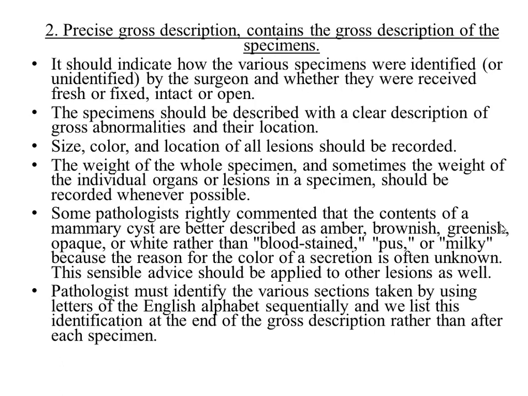This sensible advice should be applied to other lesions as well. Pathologists must identify the various sections taken by unique letters of the English alphabet in sequence, and list this identification at the end of the gross description rather than after each specimen.